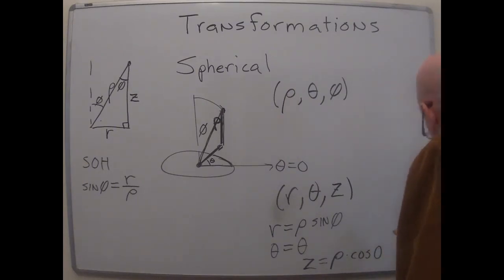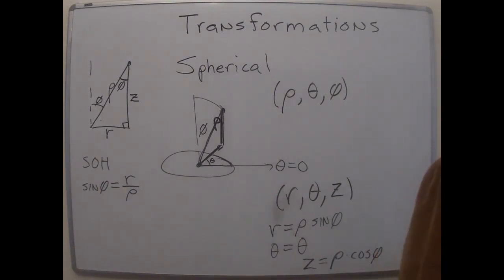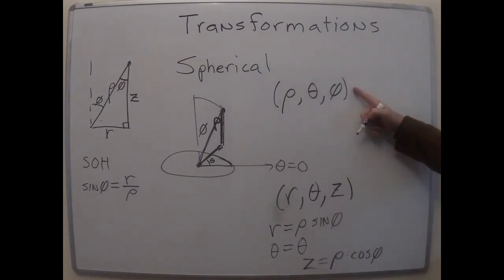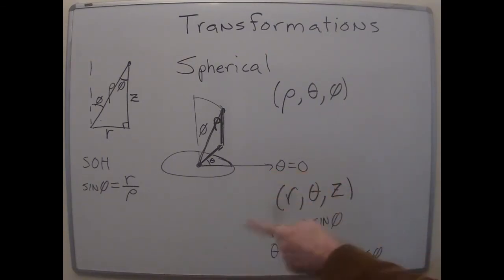I'm drawing that wrong. It should be phi. I was about to make a theta. All right, so if we know our coordinates in spherical, we can convert them into cylindrical. And we already know how to turn cylindrical into rectangular, so that's good.